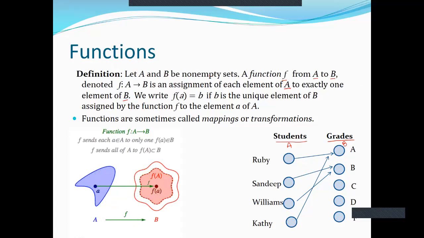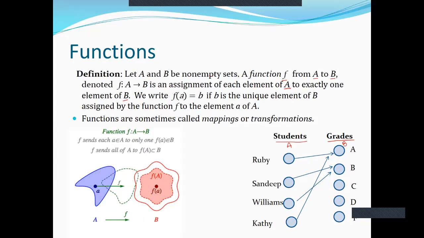We assigned B to another student, Sandeep. We call this mapping: we map from the elements of set A to the elements of set B.